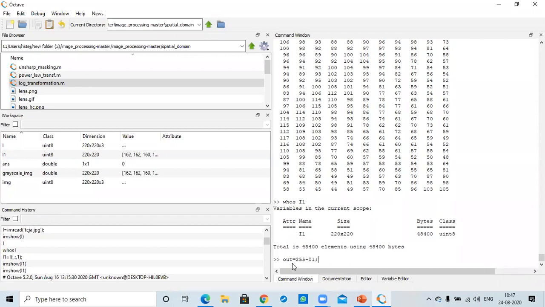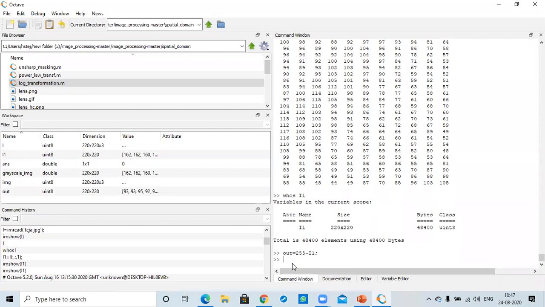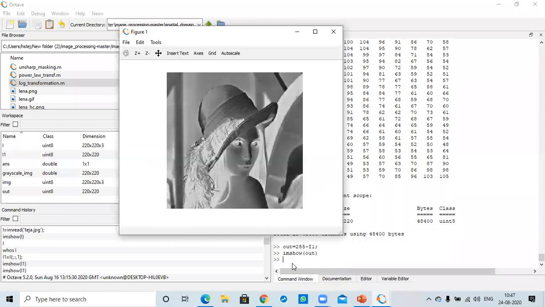Then each pixel value will be subtracted from 255. So the 255 value will be 0 and the 0 value becomes 255. Then what is my picture? Let me show my picture. So that is the negative of this image, right?